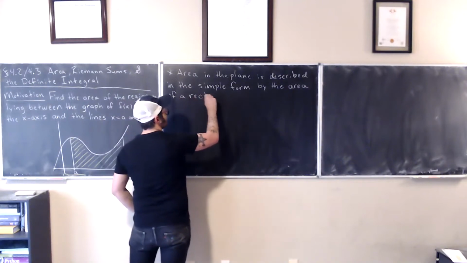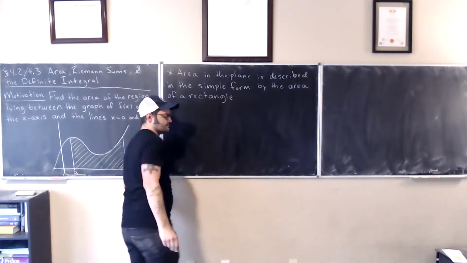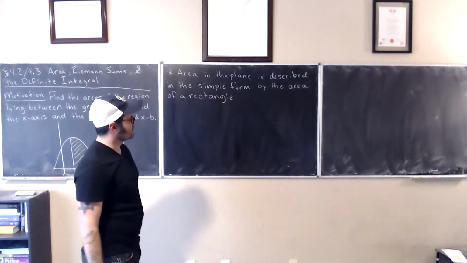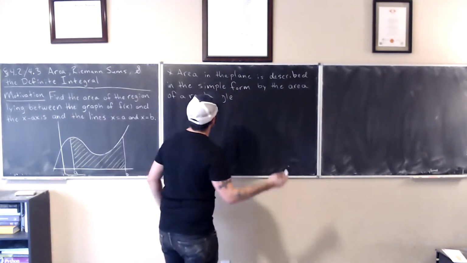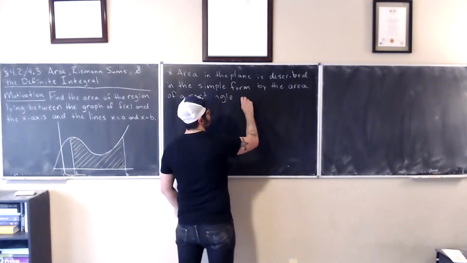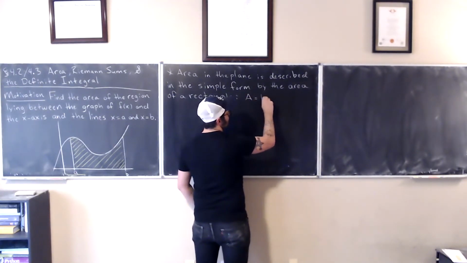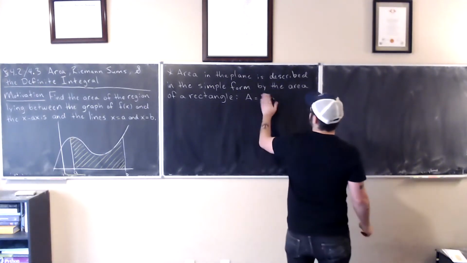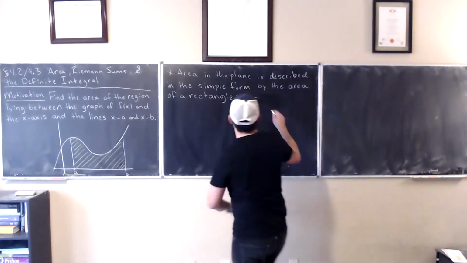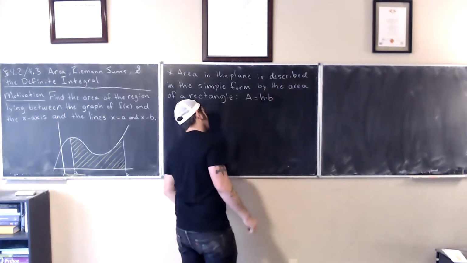Right, and this is a really simple equation. If you have a rectangle with a base and a height, or a width and a length, then the area is base times height. Or maybe for convenience later, I'll just write it as height times base. It's the same thing.